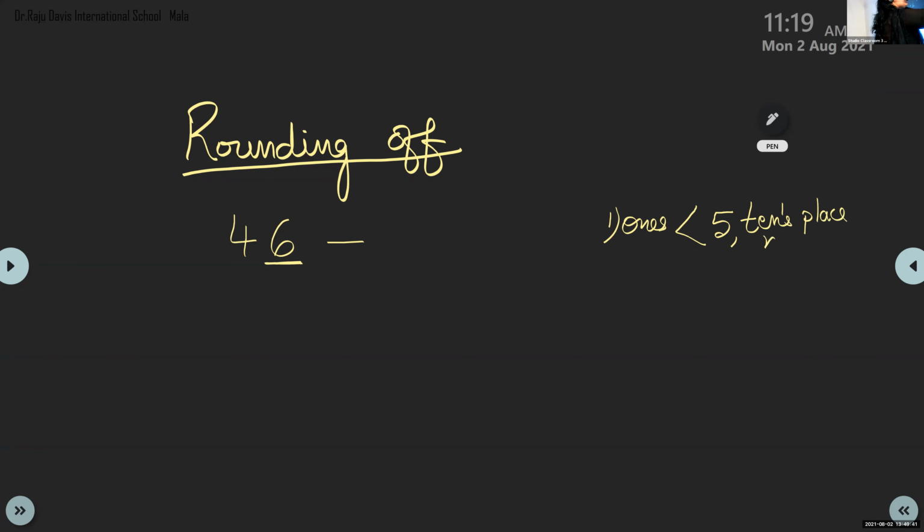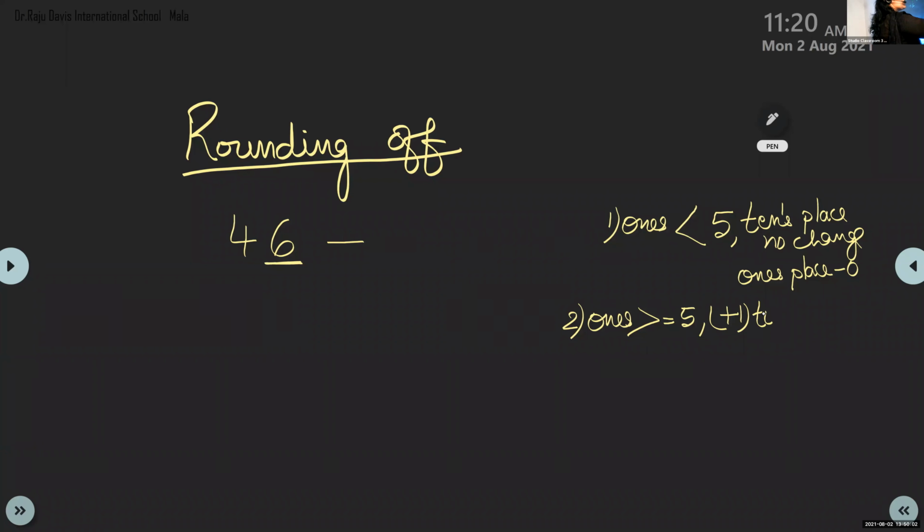Tens place will not have any change, and the ones place will become 0. Second rule, if the ones place is greater than or equal to 5, we have to add 1 to the tens place. We have to increase one number in the tens place, and the ones place will be 0.